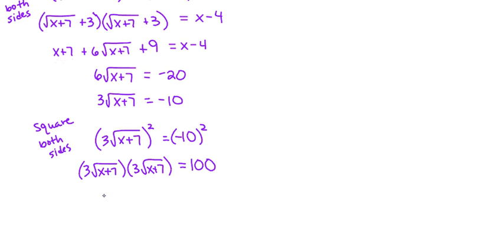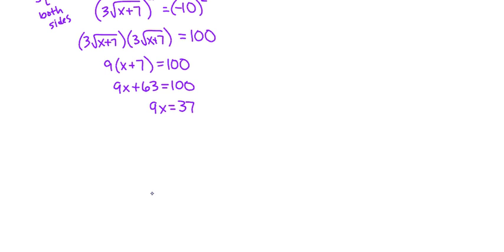So we have 3 times 3, 9, and then the square root times itself gives us x plus 7. Distribute the 9. 9x plus 63 equals 100. Subtract 63 from both sides. 9x equals 37. And divide by 9. 37 ninths appears to be the answer.